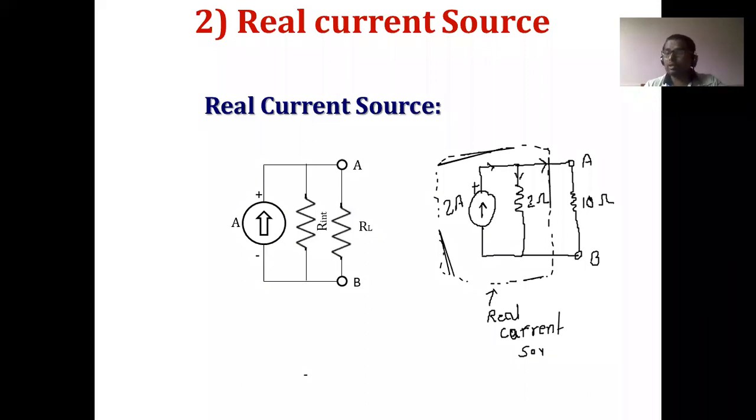Are you clear my point? Yes or no? Okay, so don't worry about it. My inner voice says to me that some students have not properly understood due to the series and parallel circuit concept.